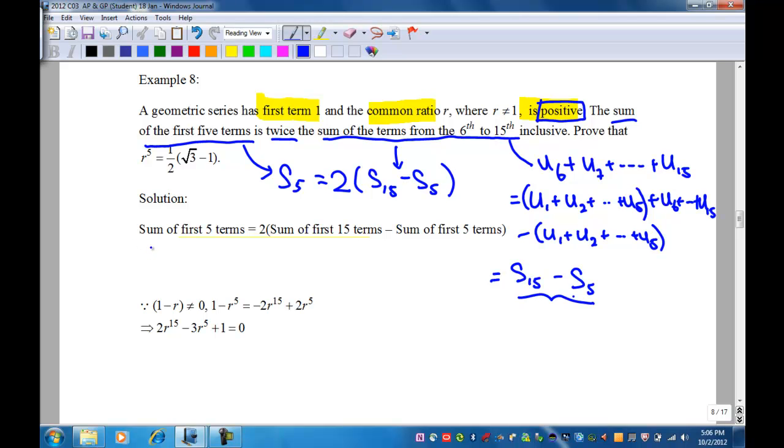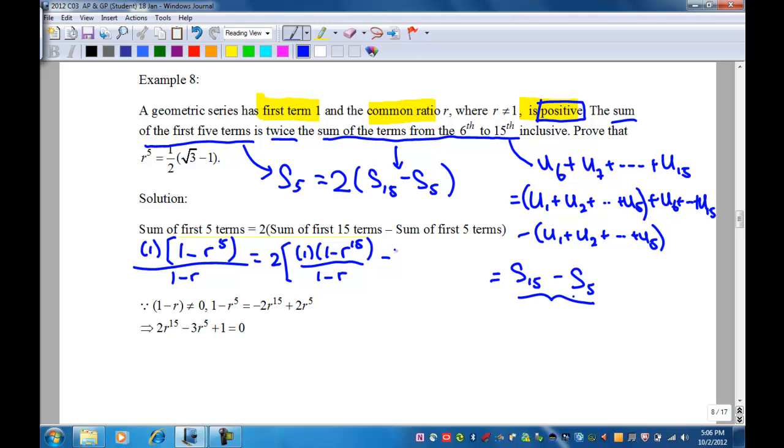That means we can have a(1 minus r power 5) over 1 minus r equals 2 times the sum of the first 15 terms, which is a(1 minus r power 15), n being 15, over 1 minus r, minus the sum of the first 5 terms again.